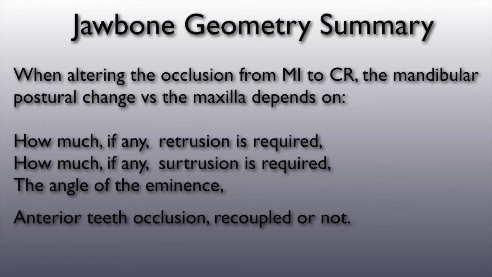In summary, when altering the occlusion from MI to CR, the mandibular postural change versus the maxilla depends upon how much, if any, retrusion is required, how much, if any, surtrusion is required, and the angle of the eminence. Also, whether one recouples the anterior teeth or not alters the amount of tooth structure that must be removed.